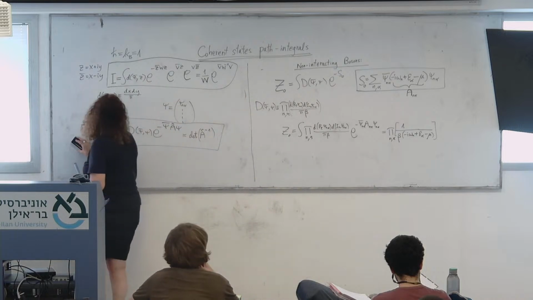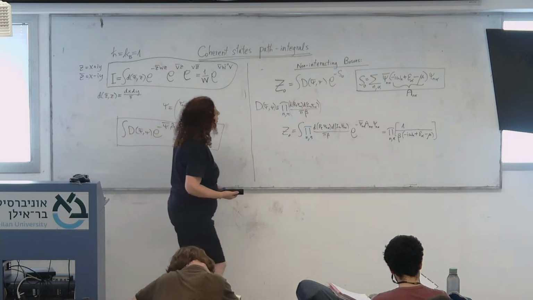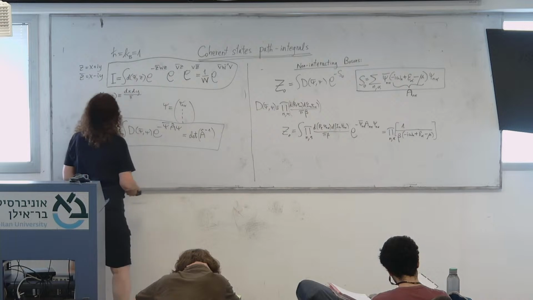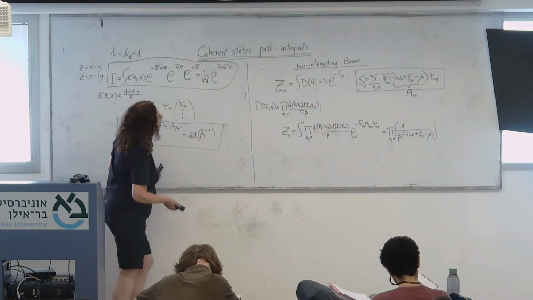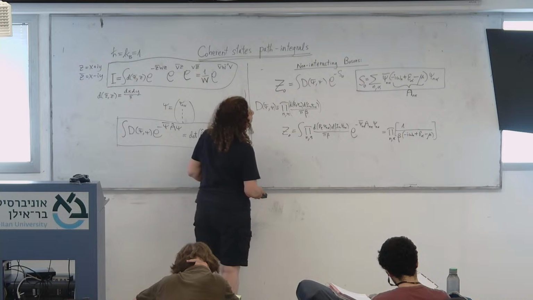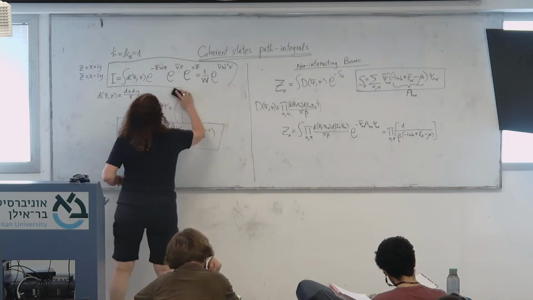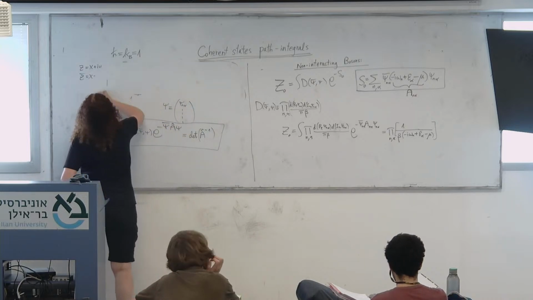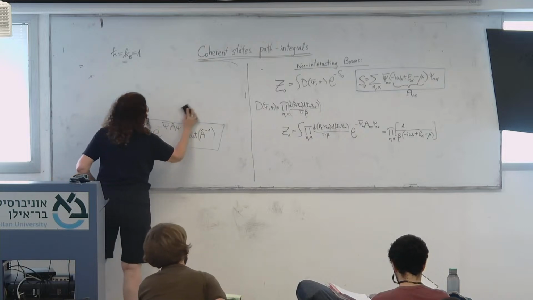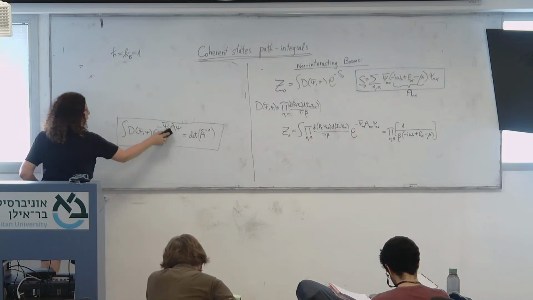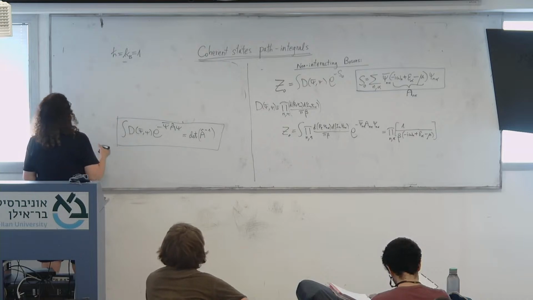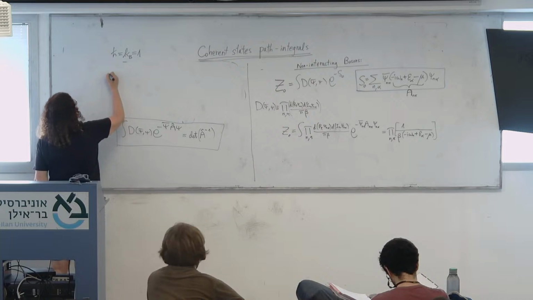For example, one of the things that we can also compute very easily is... I think I can erase this for now. Okay, I want to leave this one actually for now. So let me define a Green's function.